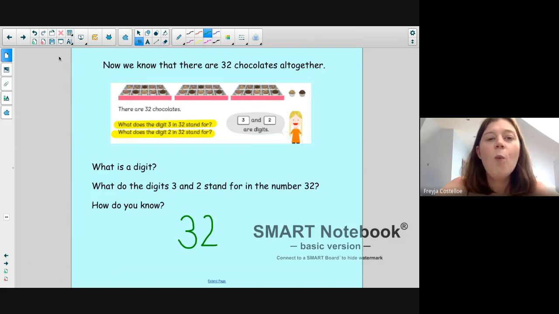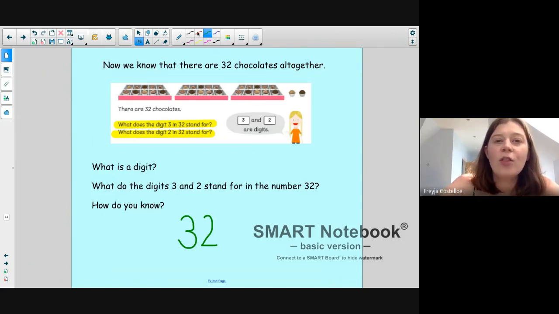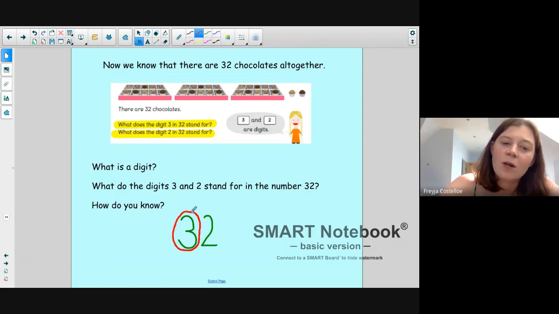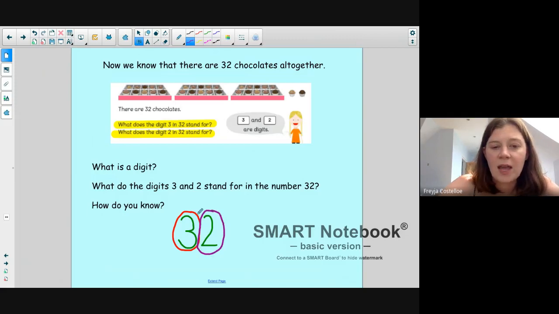So what does the digit 3 in 32 stand for? We've got our digit here, and we've got our other digit here, and we're going to start by looking at this first digit, the digit 3.